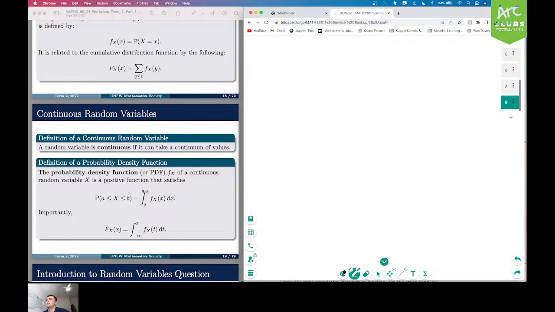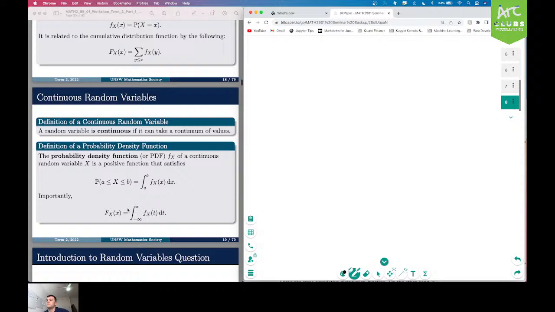So with a continuous random variable, we can find the probability that our random variable lies between 2 points A and B by just computing an integral, and the cumulative distribution function for our random variable X, again, you basically just sweep up all available probability up until a point x.